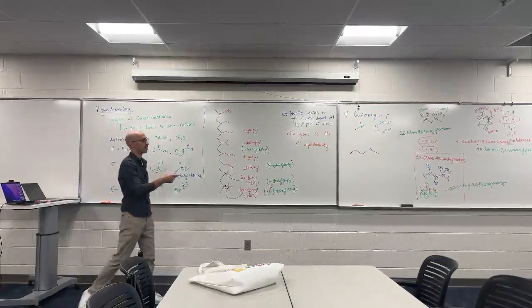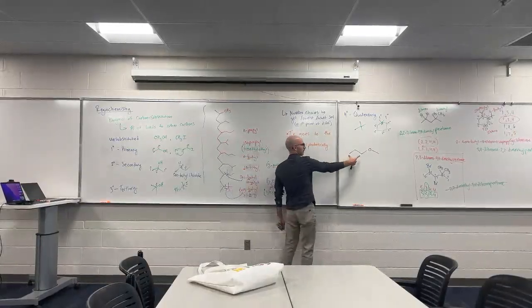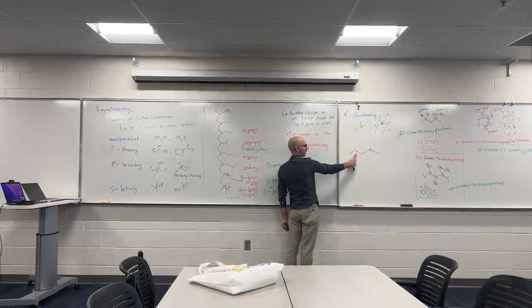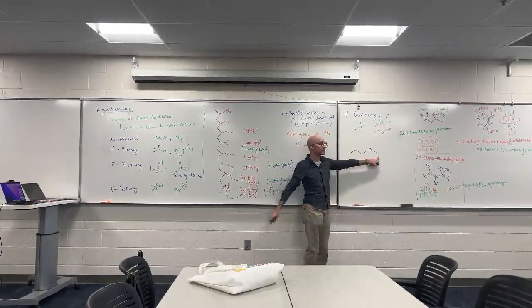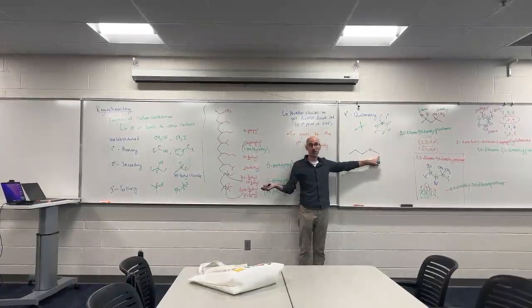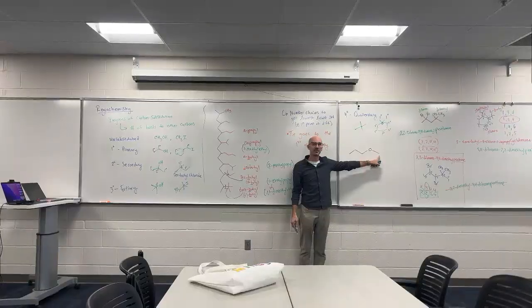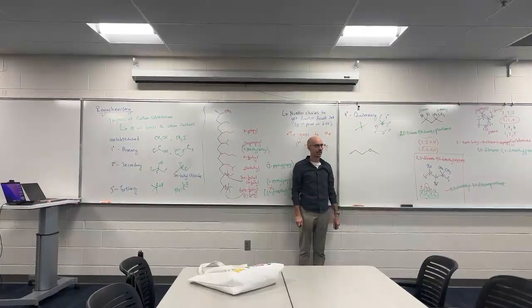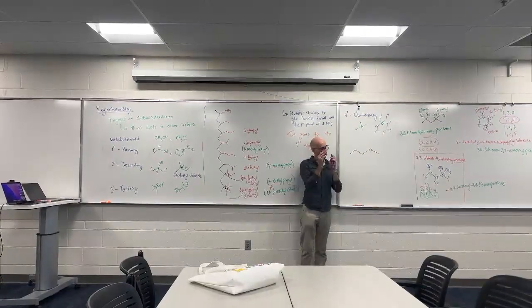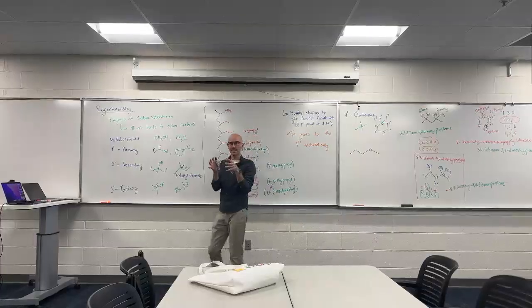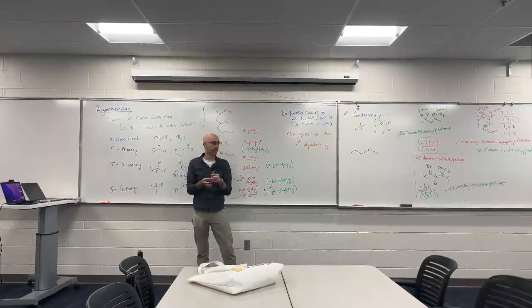This has 2 primary carbons, 1 secondary carbon, but this carbon is attached to 0 other carbons. So that's a methyl carbon. That's an unsubstituted carbon. That's our regiochemistry. Looking at carbons and deciding how substituted are they.